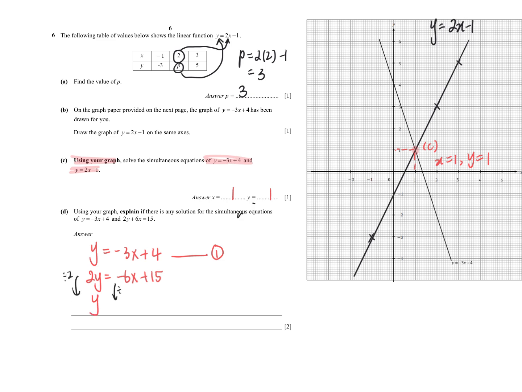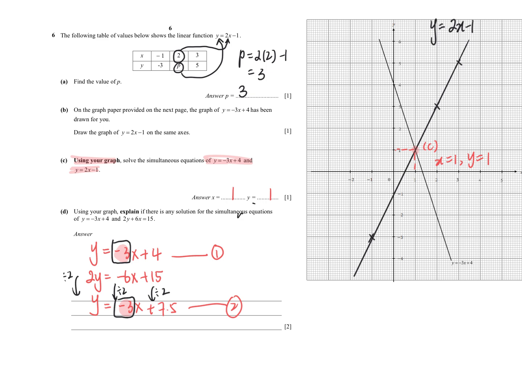Then I realize I get y equals -3x plus 7.5. What is so special about these two equations? What is the -3 representing? This is gradient.